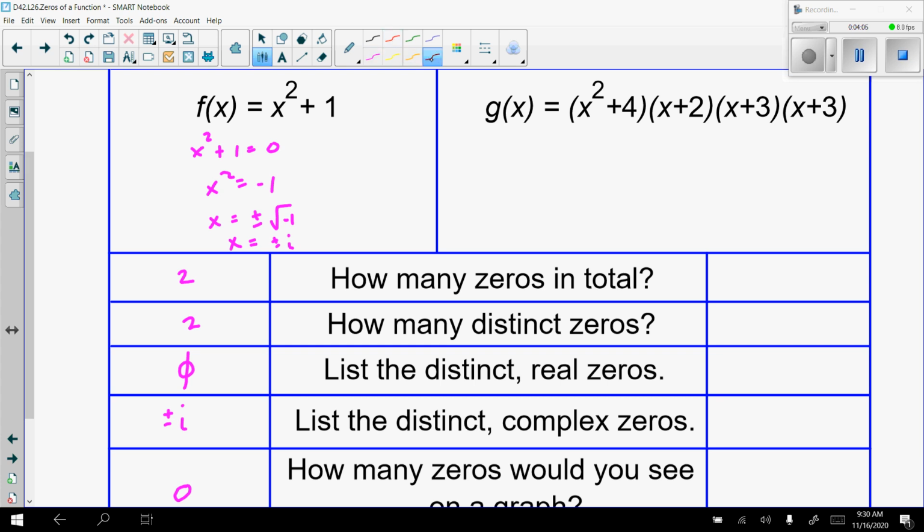If f(x) equals the quantity x squared plus 4 times the quantity x plus 2 times the quantity x plus 3 times the quantity x plus 3. Well, let us find the zeros, which means we have to take the function and set it equal to 0.